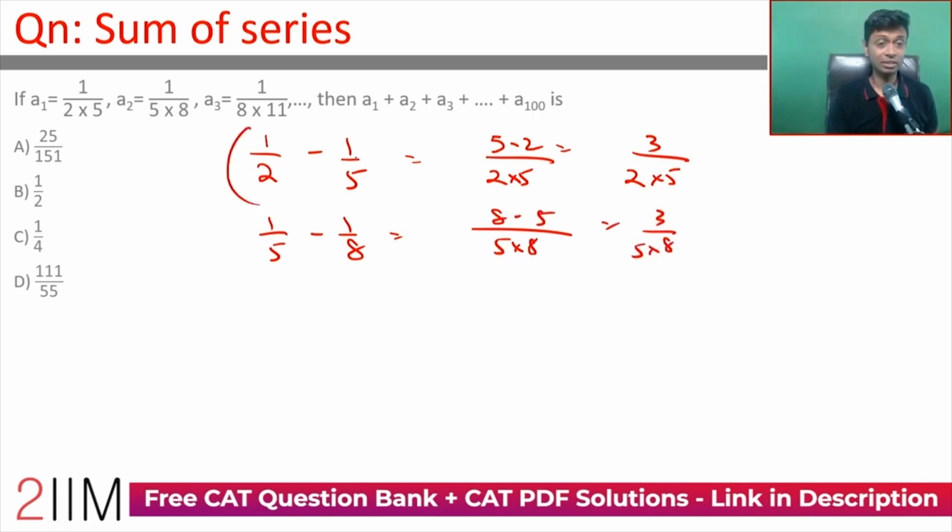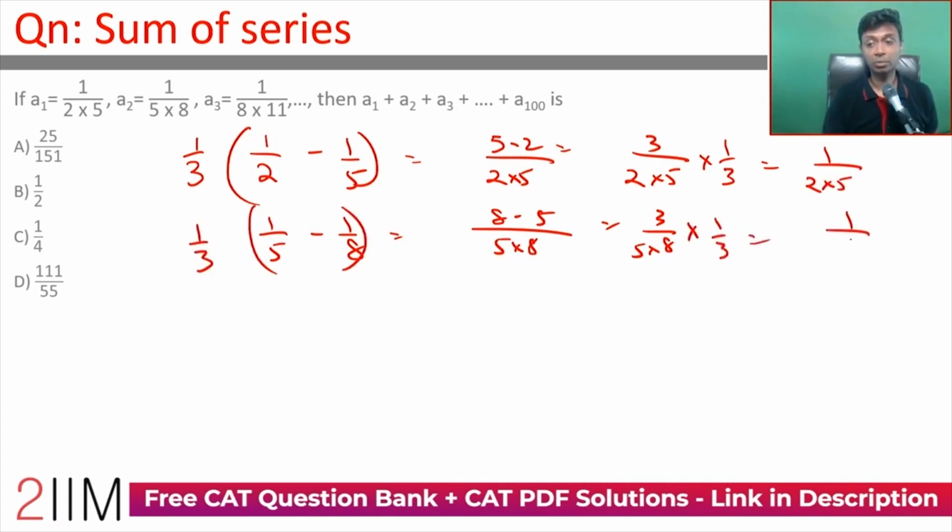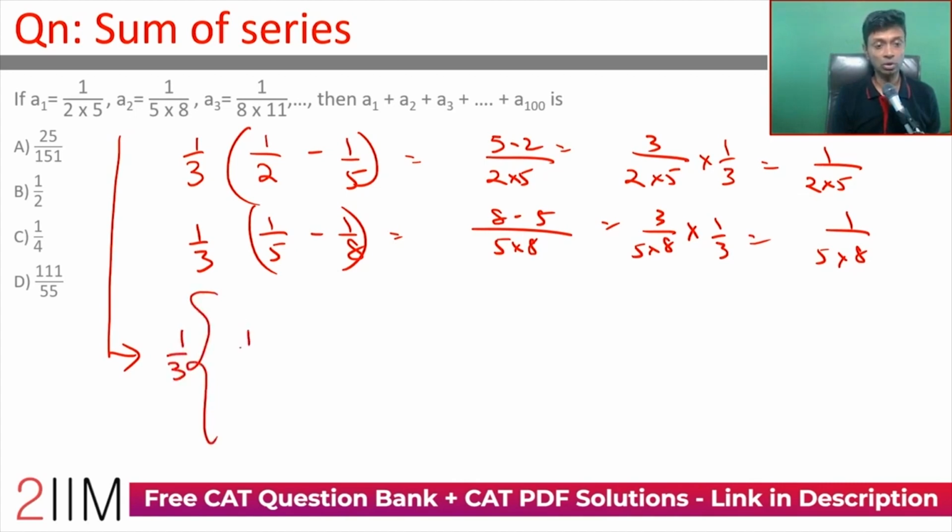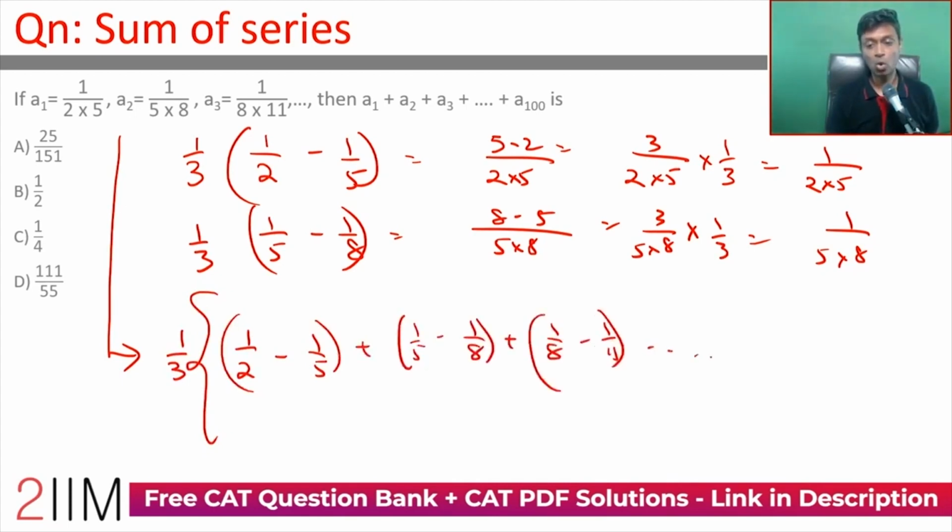Or imagine this like this: 1/3 of this will be 1 by 2 into 5. 1/3 of this will be 1 by 5 into 8. Or this giant expression can be written as 1/3 whole of 1 by 2 minus 1 by 5, plus 1 by 5 minus 1 by 8, plus 1 by 8 minus 1 by 11, all the way to 1 by 299 minus 1 by 302.